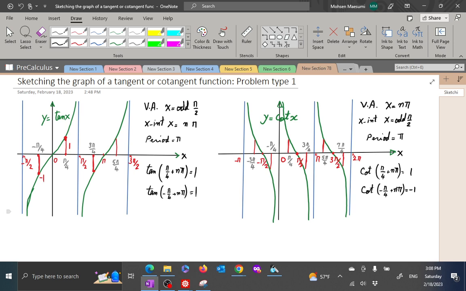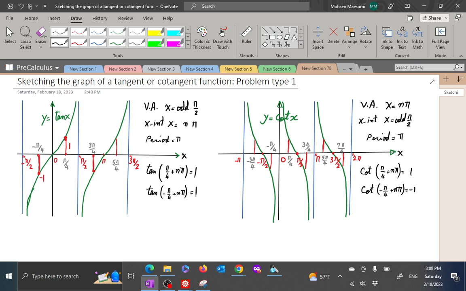We explained how the graph looks like this stretched curve. We mentioned the period of it is pi. Let's add a couple more details to our pictures. One is the tangent of pi over 4 is 1, and tangent of minus pi over 4 is minus 1. And this feature repeats itself every pi.